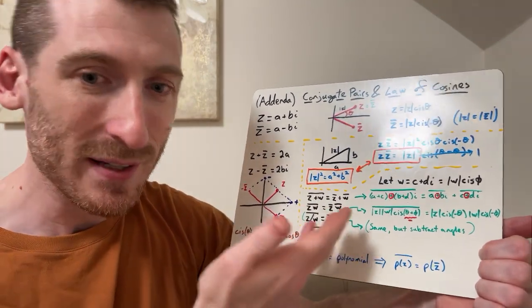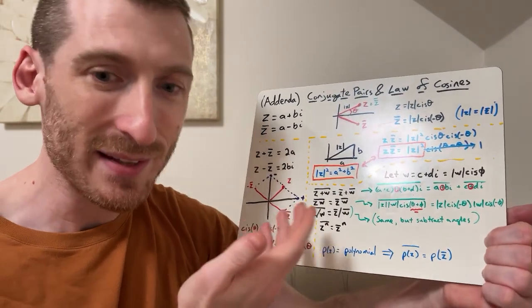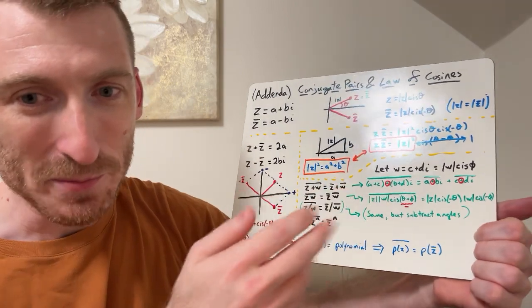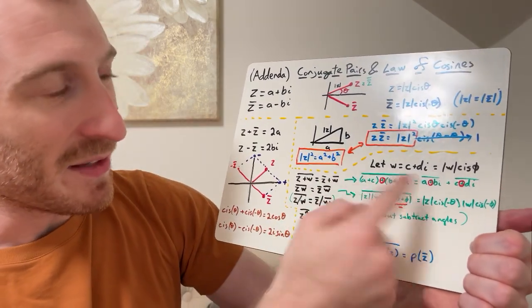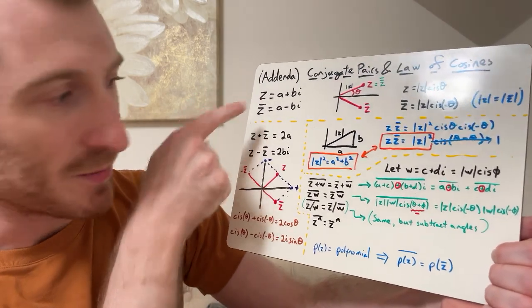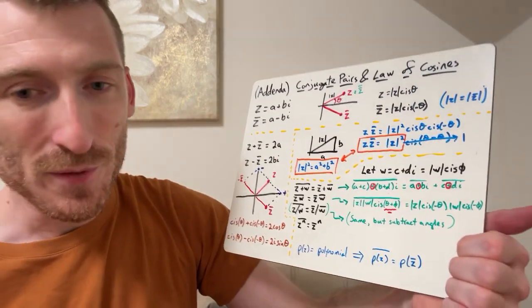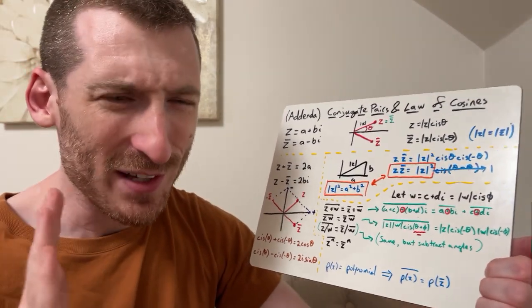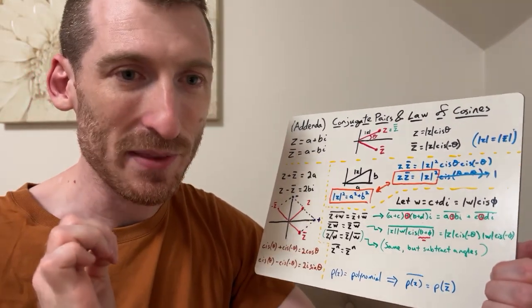Product, conjugate product, conjugates, divide, same, subtract, same, raised to a power n, that's just repeated multiplication, so same. And you can show this by expanding out either using this for adding and subtracting, or this for multiplying and dividing. But again, the real point here is just that the complex conjugate works really, really nicely with arithmetic.